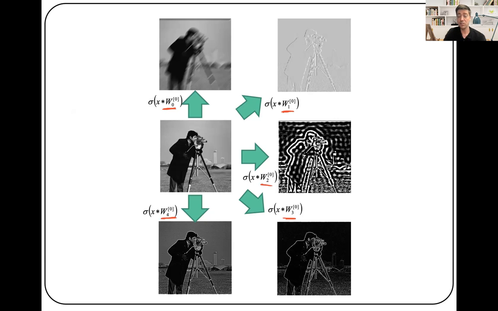Each of these filters will be, for example, a 3x3 convolution filter, so it's going to have 9 parameters each. And each of them will produce, at the output of that first convolution layer, a different feature map. So in this case, we're going to have 5 different feature maps.